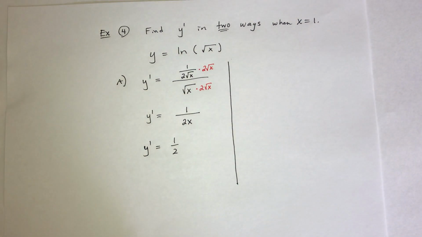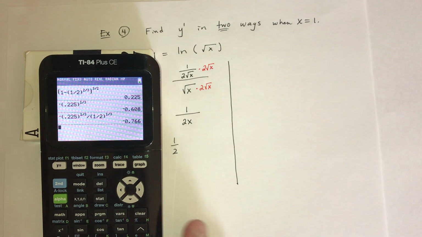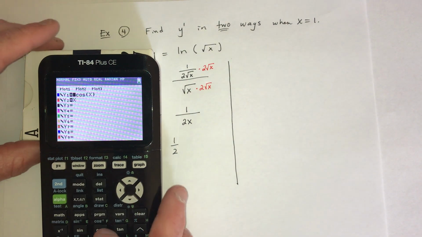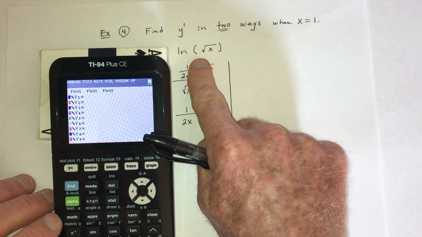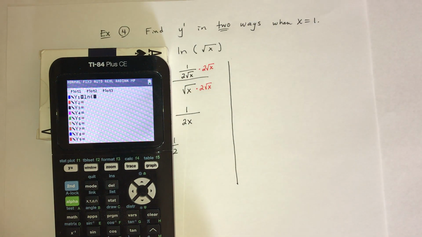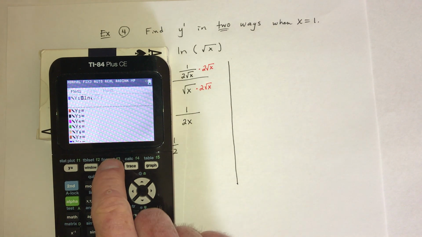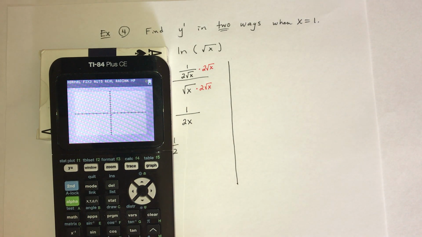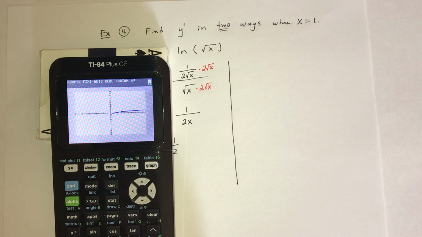Now before I go on to part B, I want to use the calculator and see if I got it right. So go to y equals, clear out this old problem, and type in the original function, which is the natural log of the square root of x. And then I'm going to go to zoom standard, and the function basically looks like the natural log function.